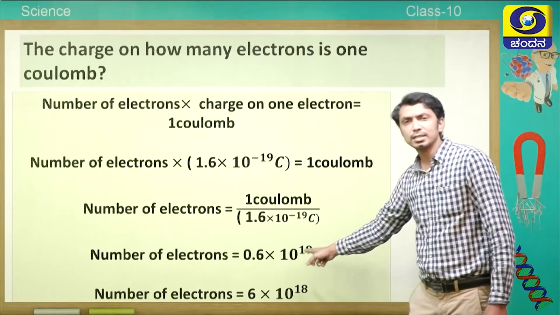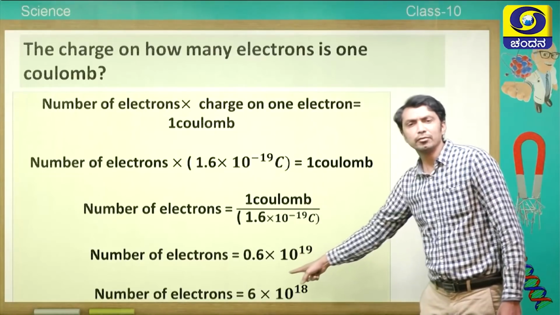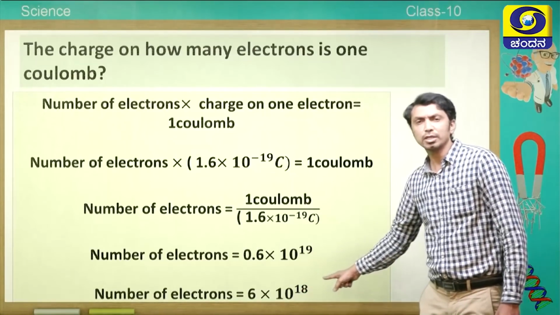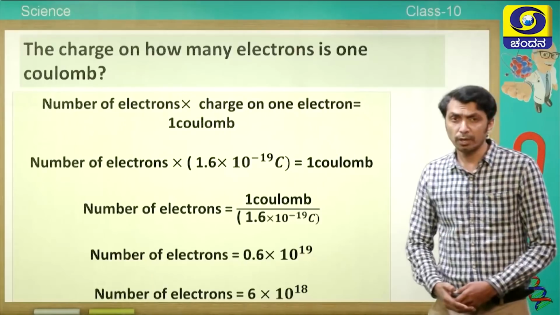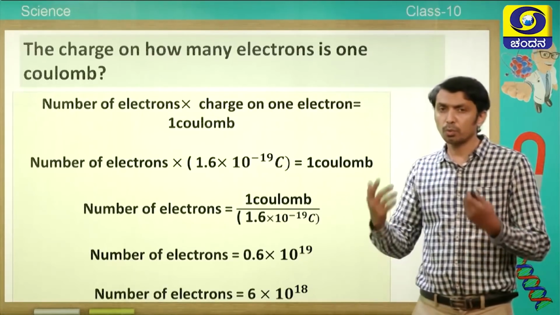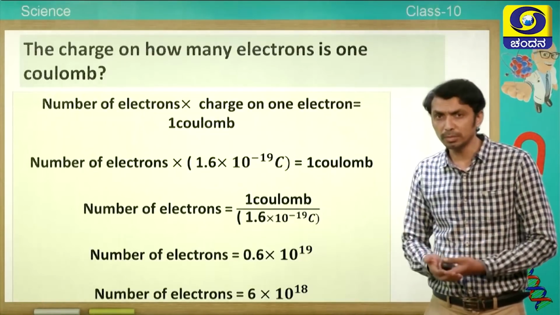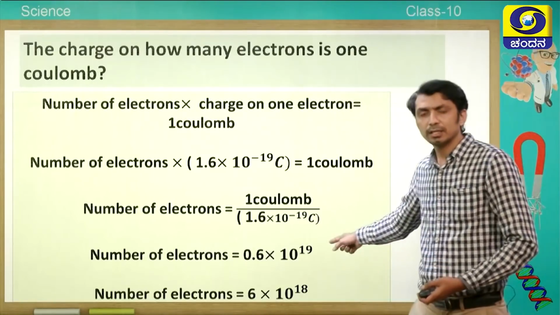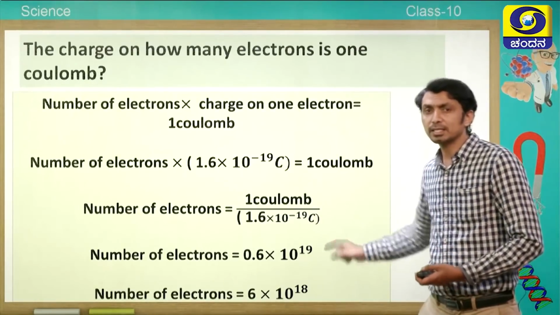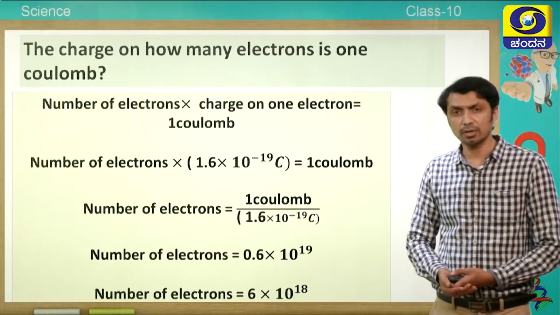Now if we adjust the decimal place, we can write the same thing as 6 × 10^18 electrons. So now we know the value of 1 coulomb. That means it is the charge collectively present in 6 × 10^18 electrons.